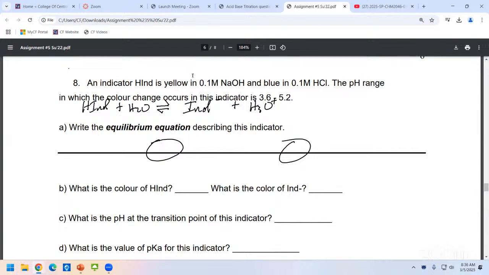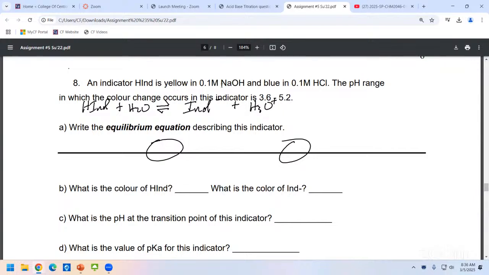No, I'm sorry. In a basic solution, when you add base, the solution is yellow. So we add base, it decreases the concentration of hydronium, and the reaction shifts to the right. What does that tell us about the color of Ind minus and HInd?